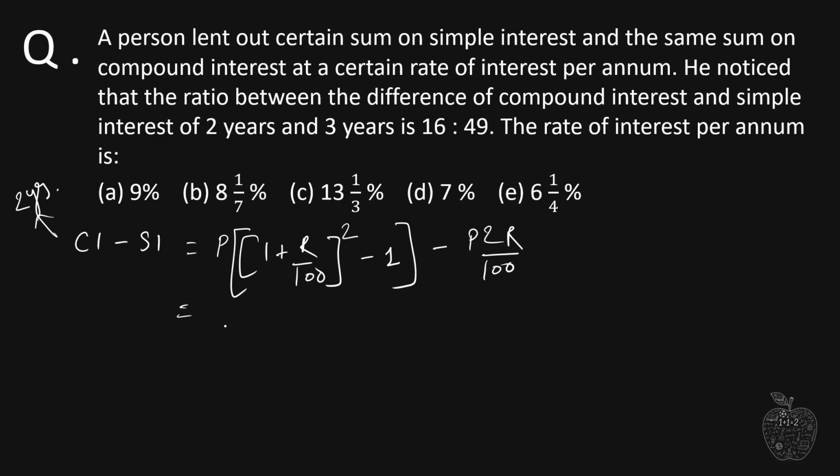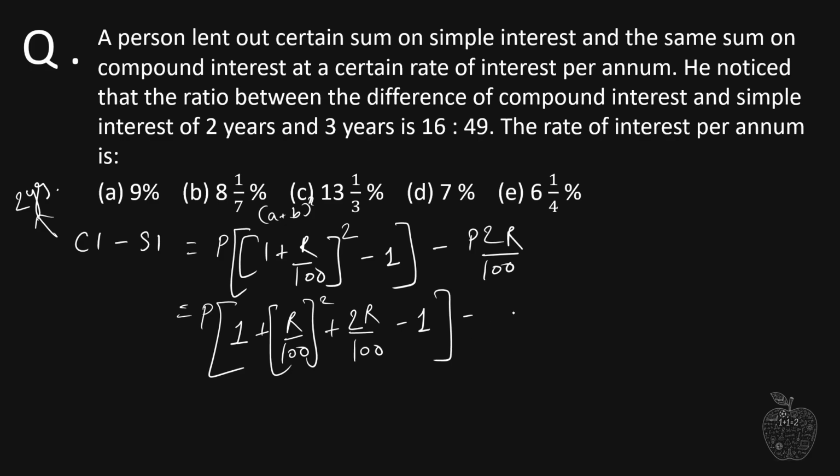Now let's expand. We know the formula for (a plus b) whole square, right? So let's apply this formula here. It is a square, which is 1 square, plus b square, which is (R over 100) whole square, plus 2ab, which is 2 into 1 into R by 100, minus 1, minus 2PR by 100.